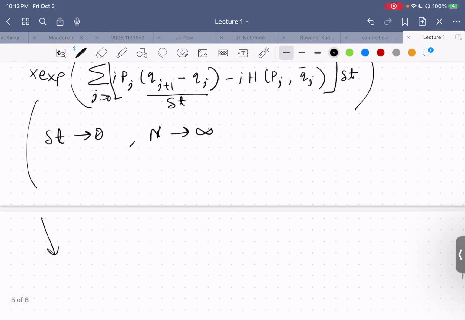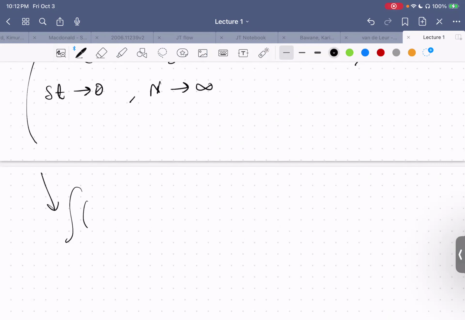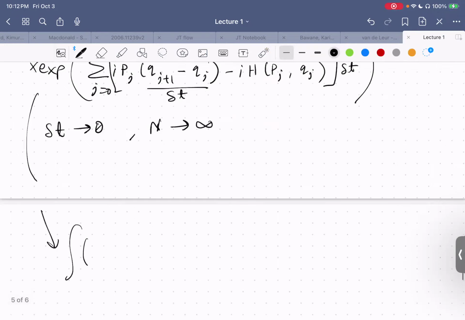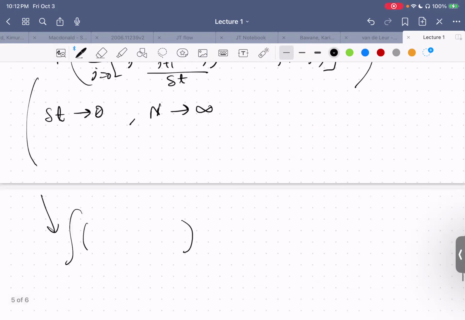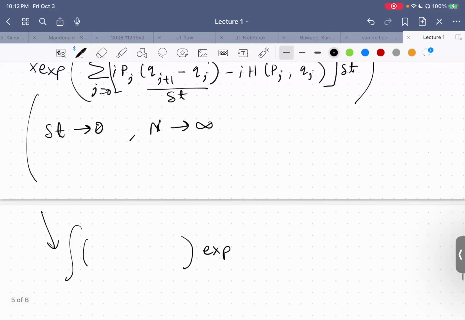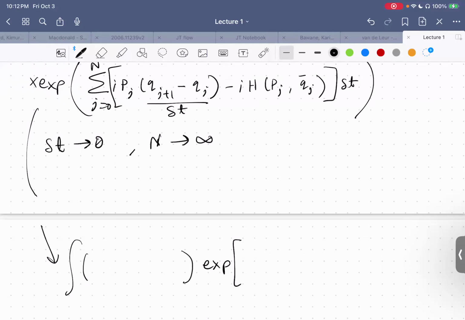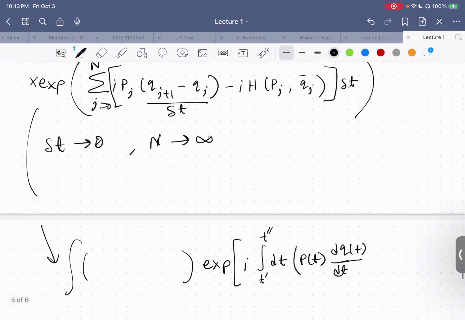So you end up with, and I will come back to what happens to this part later, something happens to the measures of the integrations. But the integrand simplifies greatly. It simply becomes an integration over the time variable of momentum, position, and Hamiltonian.